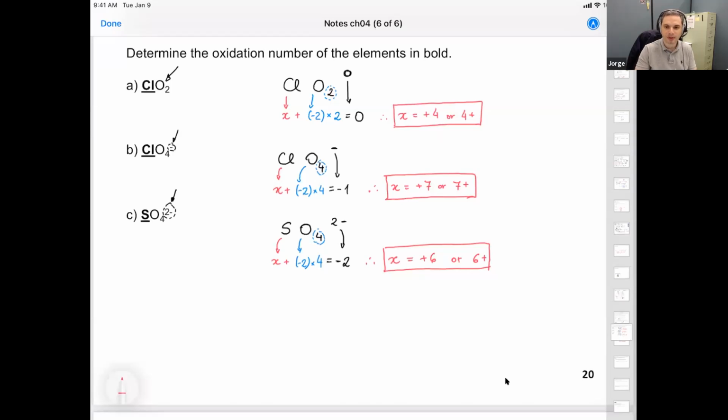Remember, a positive oxidation number means that the element in this specific compound lost electrons. On the other hand, a negative oxidation number means that the element gained electrons in the compound.